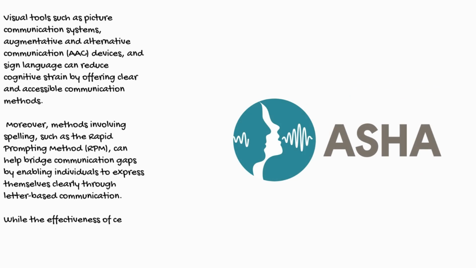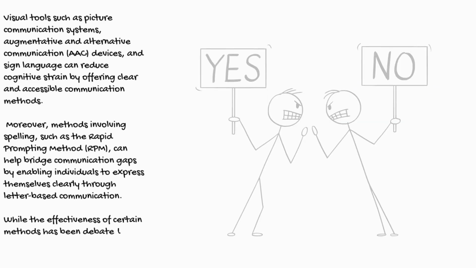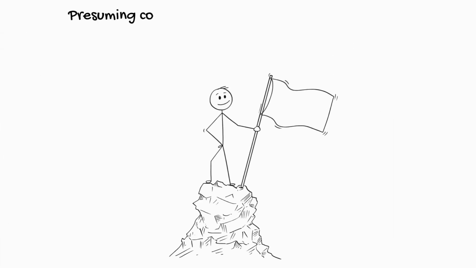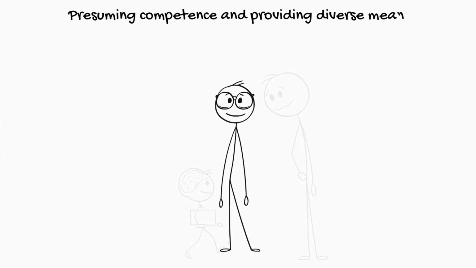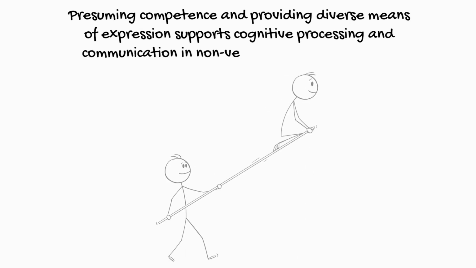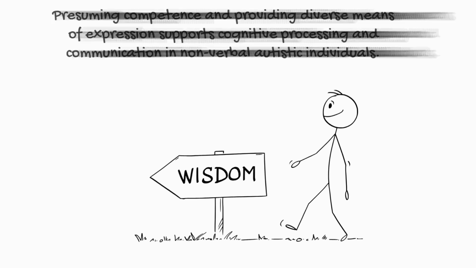While the effectiveness of certain methods has been debated, their core principle remains vital. Presuming competence and providing diverse means of expression supports cognitive processing and communication in nonverbal autistic individuals.